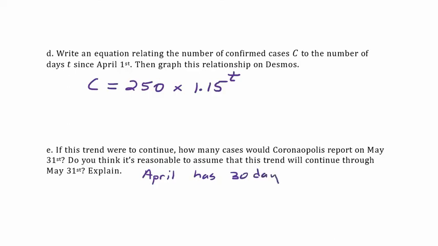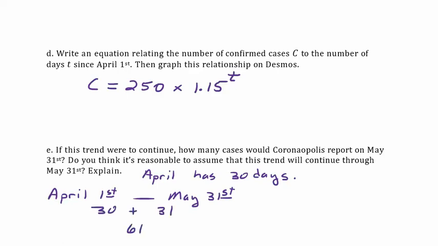So if we go all the way to May 31st, how many days is that from April 1st? Well, we got 30 days in April plus 31 days in May, so that's going to be 61 days.